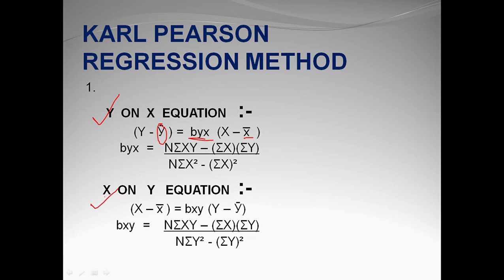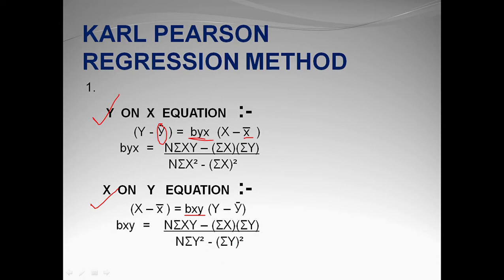Now let's move to x on y equation. It goes like x minus x bar is equal to bxy multiplied by y minus y bar. Here the bxy is equal to n multiplied by summation of xy minus summation of x into summation of y, whole divided by n multiplied by summation of y square minus summation of y series whole square.